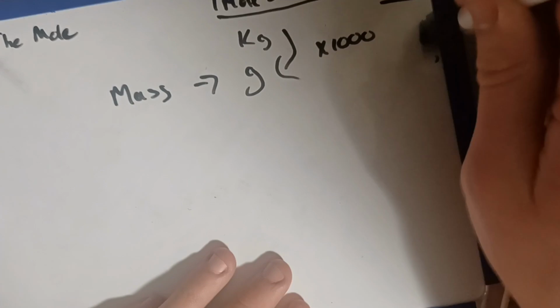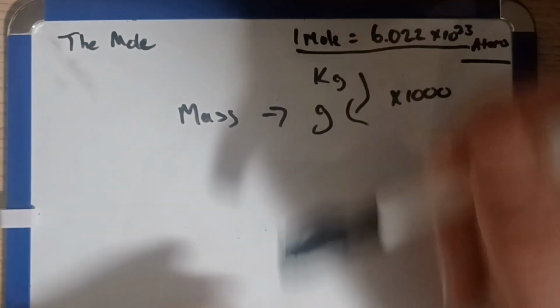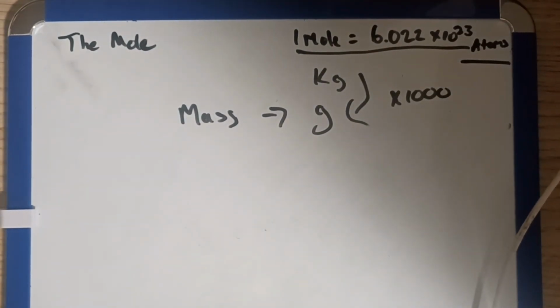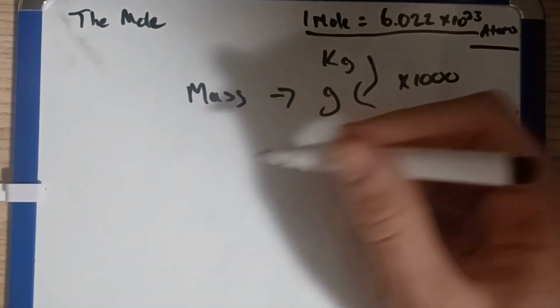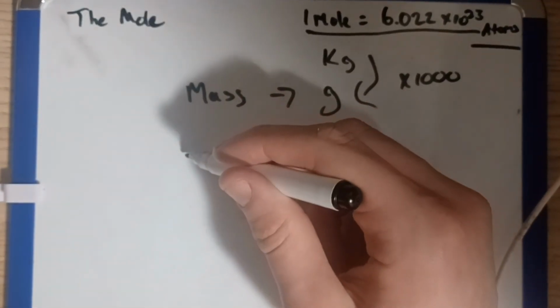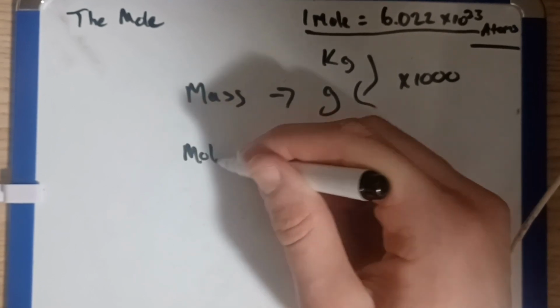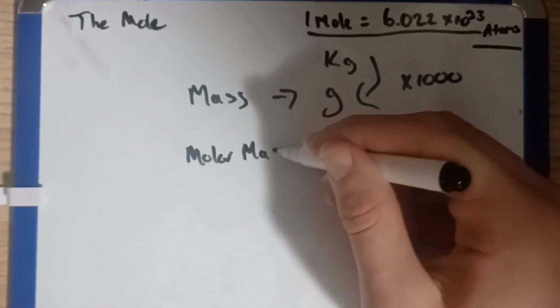So just watch out, make sure you notice which units you're using from the question, because you might have a bit of trouble when you come to our next value, the molar mass.